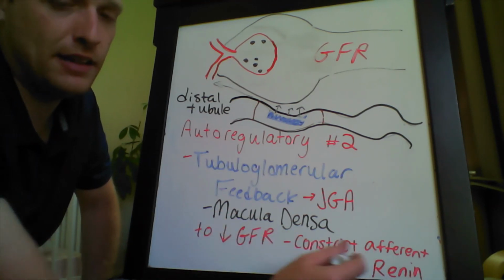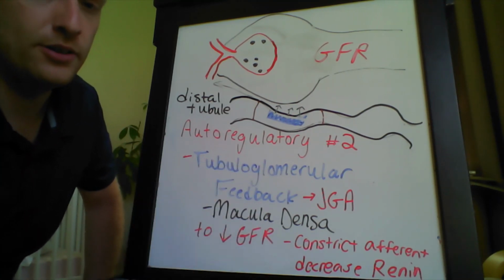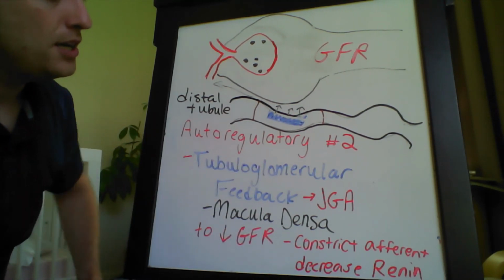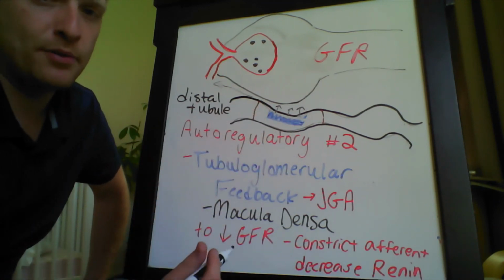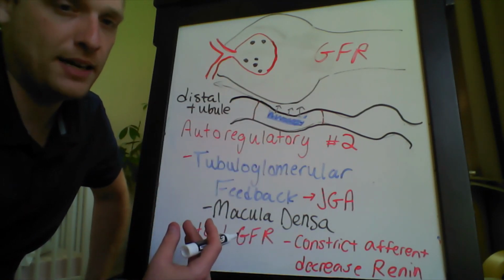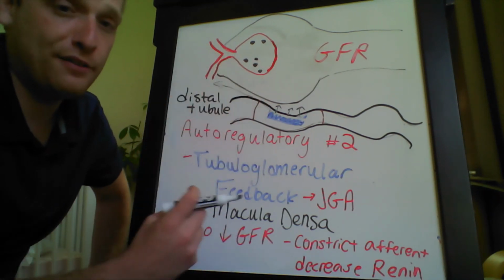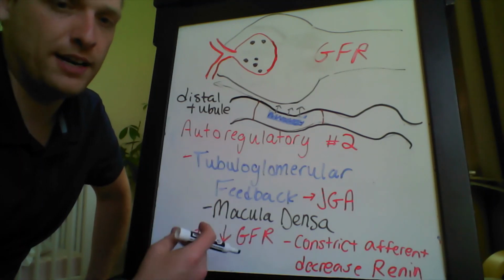So if you have less renin, that's going to lower blood pressure and lower the glomerular filtration rate. So this juxtaglomerular apparatus basically serves, on top of the myogenic mechanism, as another sensor that allows the nephron to control its own rate of filtration.